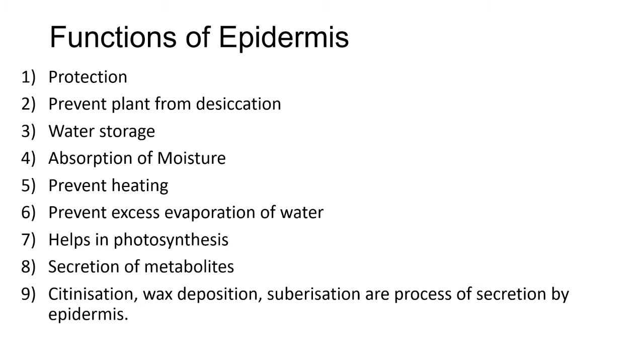Third one, they are for water storage, because the specialized bulliform cells help in water storage. Unrolling of developing leaves and opening and closing movement of mature leaves are carried out by the water storage condition. Then the fourth function is the absorption of moisture.